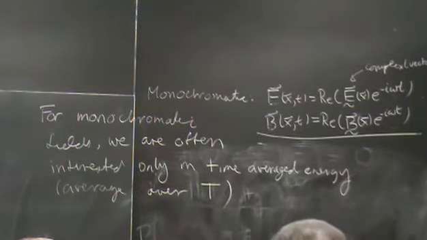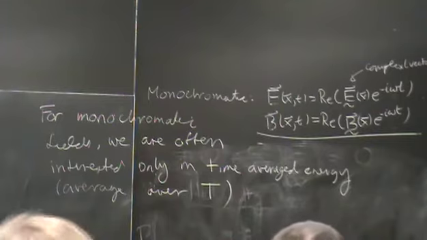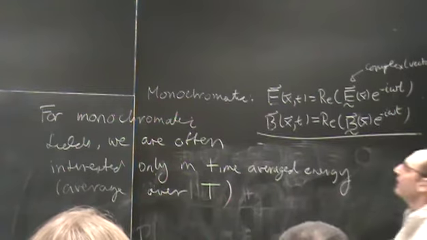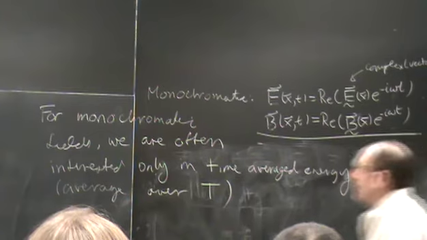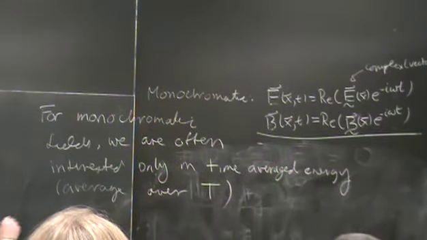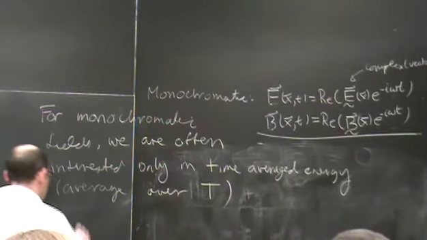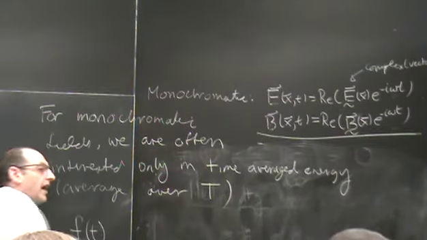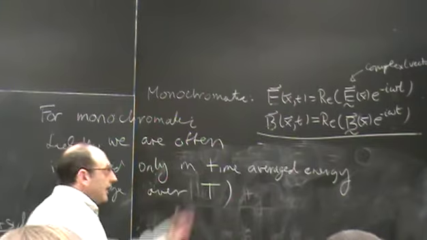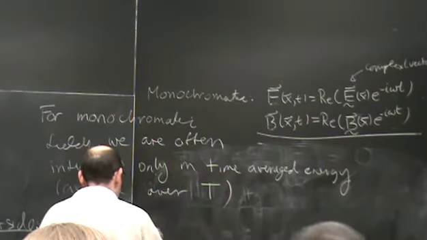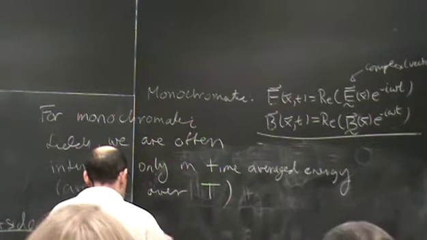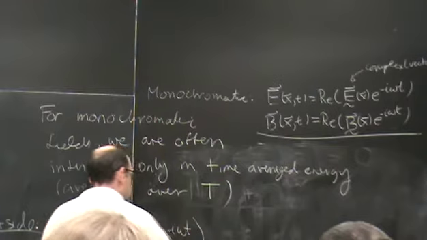And there's a very convenient formula that we can use when our fields are monochromatic to write down the time average. So let me do a famous aside over here. Suppose I have two functions of time that are oscillating with frequency omega. There's some complex amplitude of this function, right?